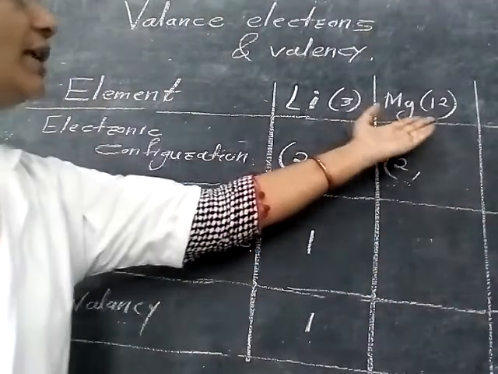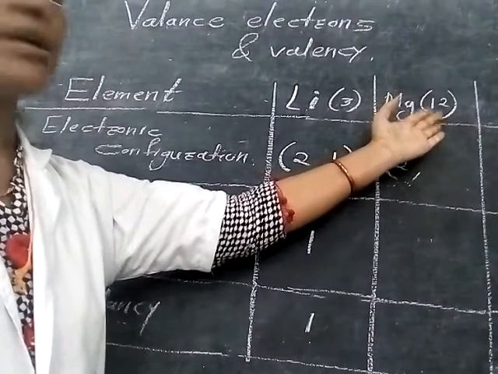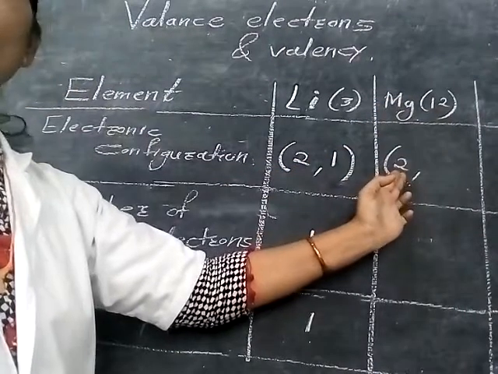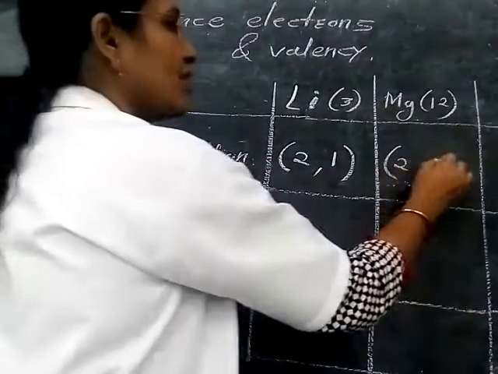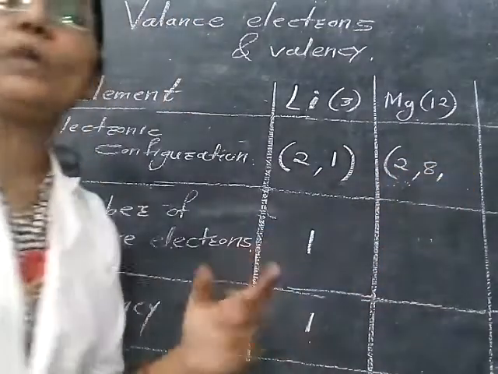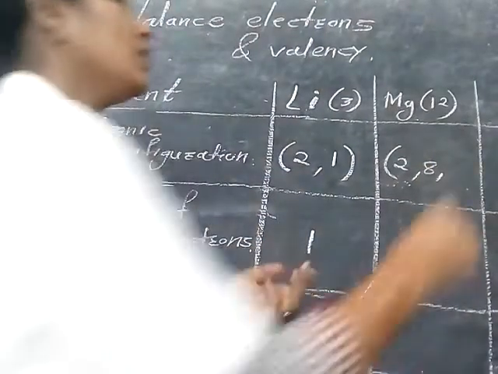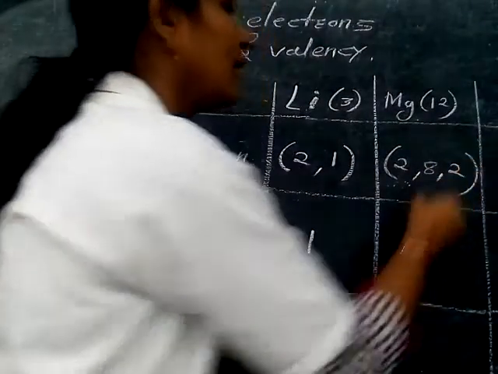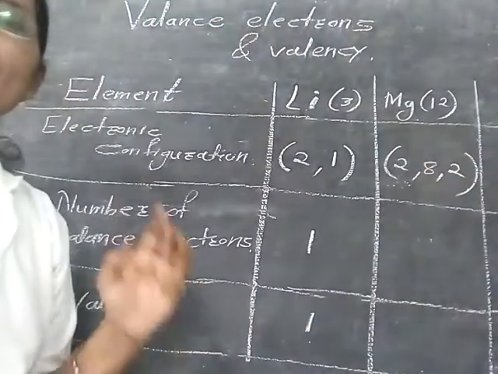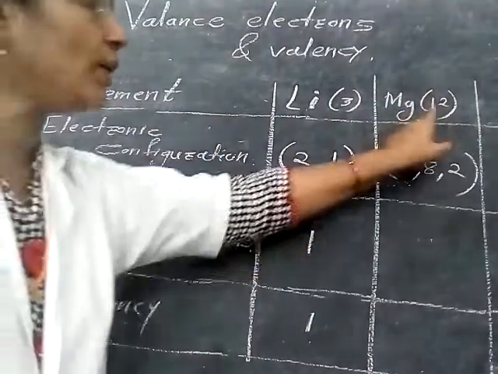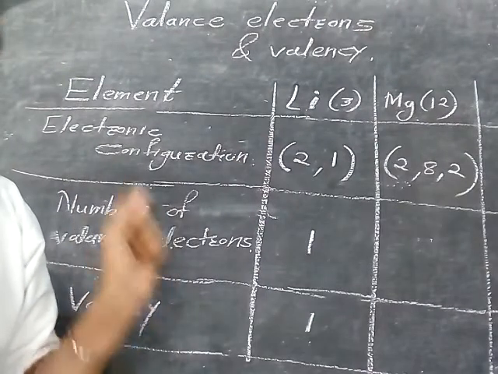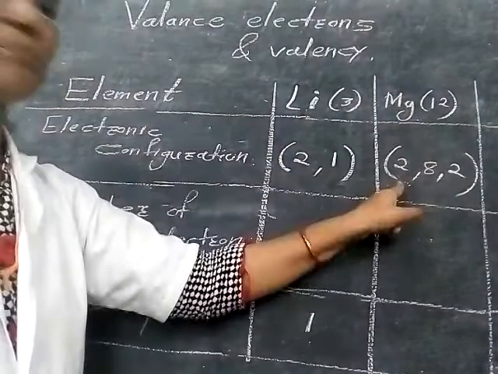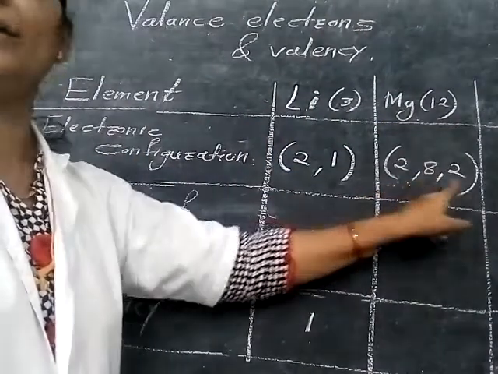Of the 12 electrons, 2 go to the first shell, so 10 remain. Out of 10, 8 are in the second shell, and 2 remain, so 2 are in the third shell. The capacity of the third shell is 18, but only 2 electrons remain, so the electronic configuration of Mg is 2, 8, 2.